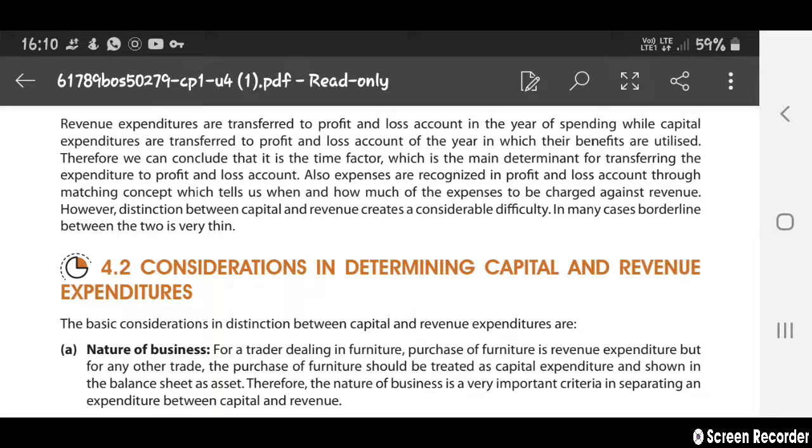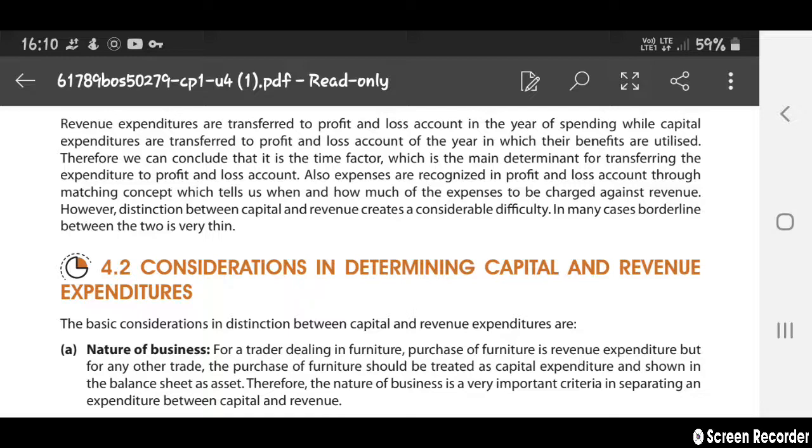Expenditure is recognized in the profit and loss account through the matching concept, which tells us when and how much expenditure is to be charged against which revenue.